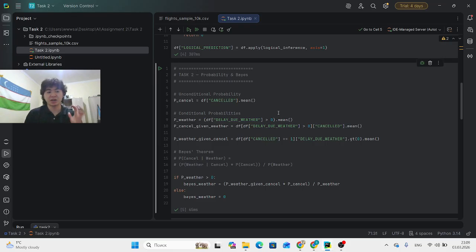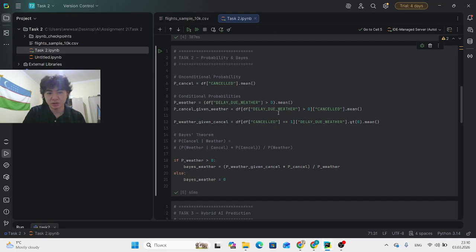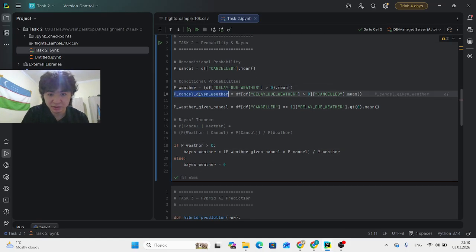But second, now we're going to move to uncertainty. Not all the flights are going to be canceled because of the weather. So in this case, we need probability, and we're going to calculate the probability, meaning what percentage of flights are canceled. We use our variables and our percentages.